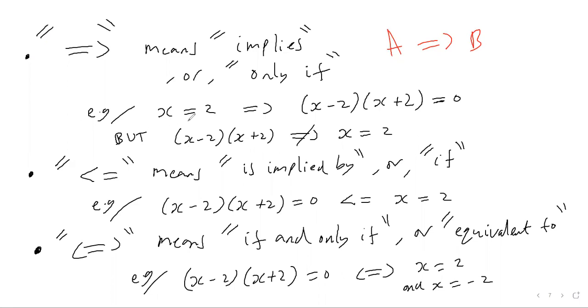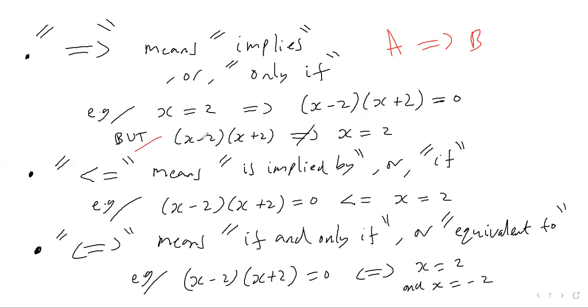So as an example down here, if x is equal to 2, that implies that x minus 2 times x plus 2 equals 0. That's quite obvious: if x was 2, just substitute that into this formula and you get 0. So this statement implies this statement. That's when we can use this symbol.